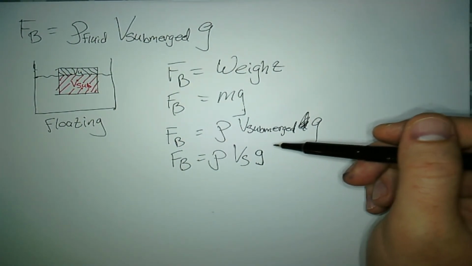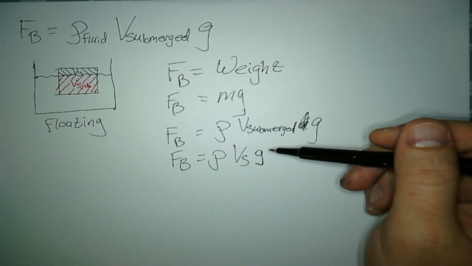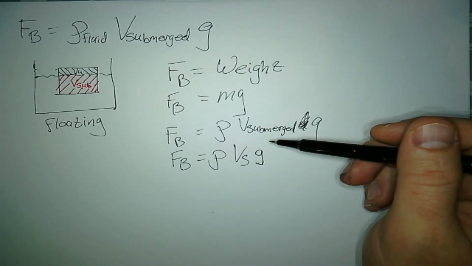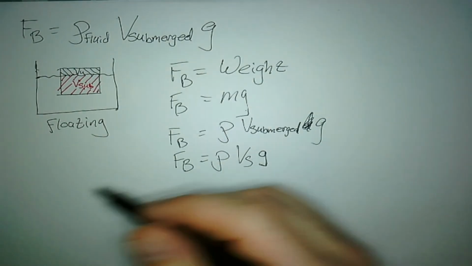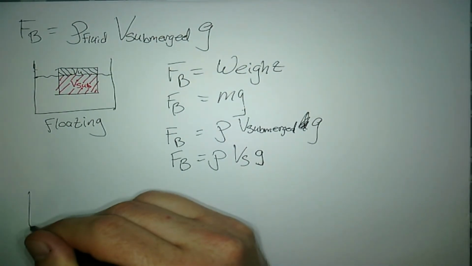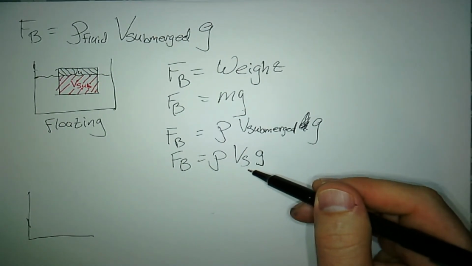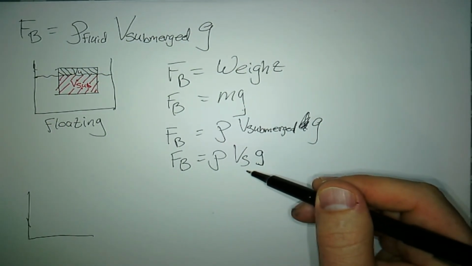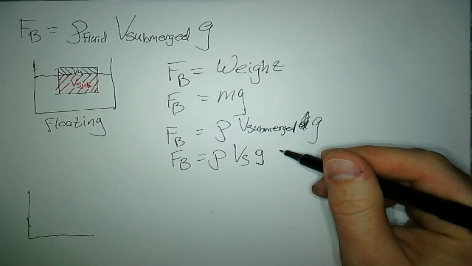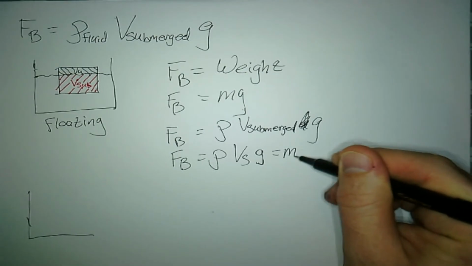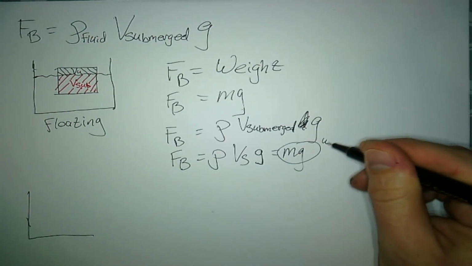Now, if I wanted to say which fluid has greater or lesser density, and I have two floating objects, in that case I want to look at the ratios of the volume submerged. Because we're putting the same weight in both of them, the weight will be the same, right? This will be unchanged.